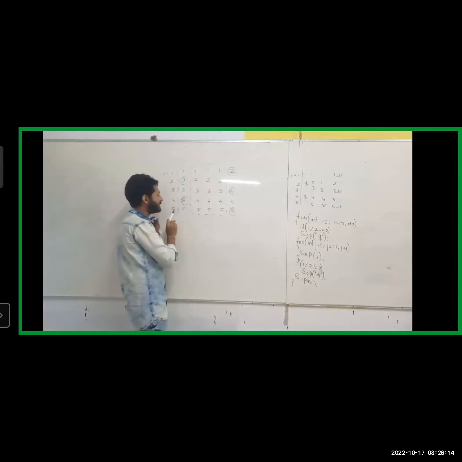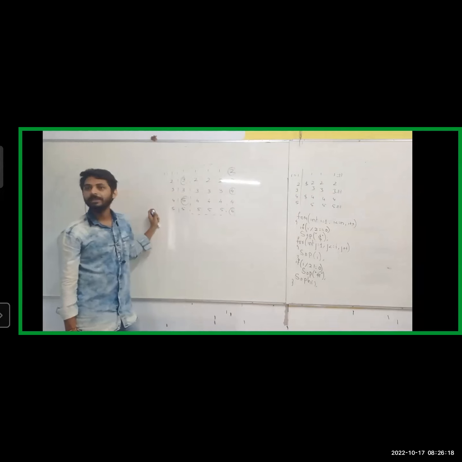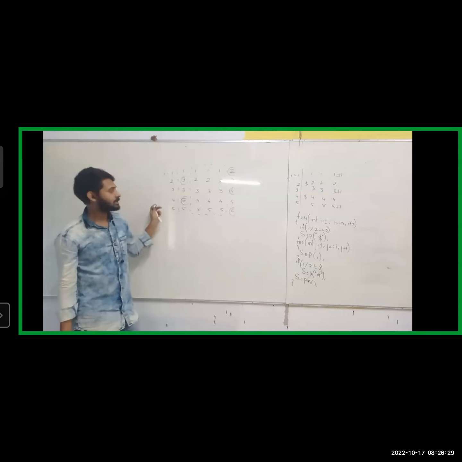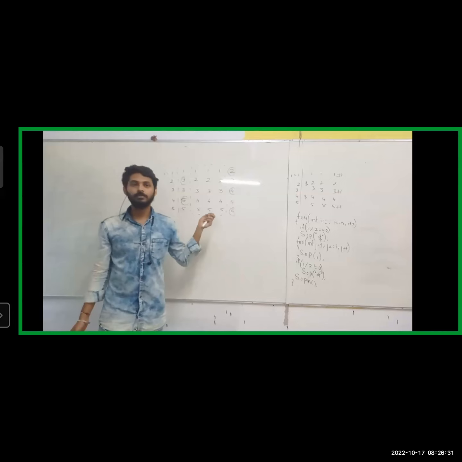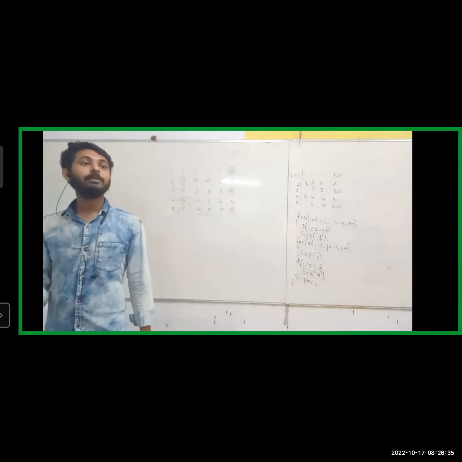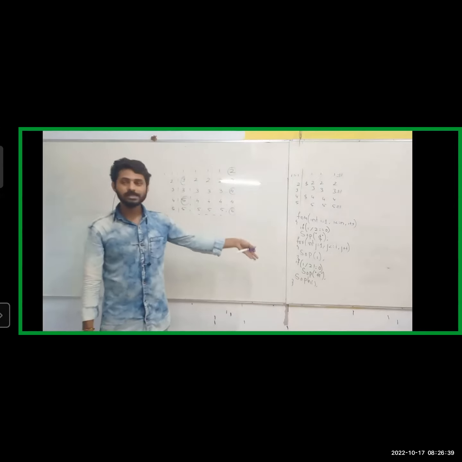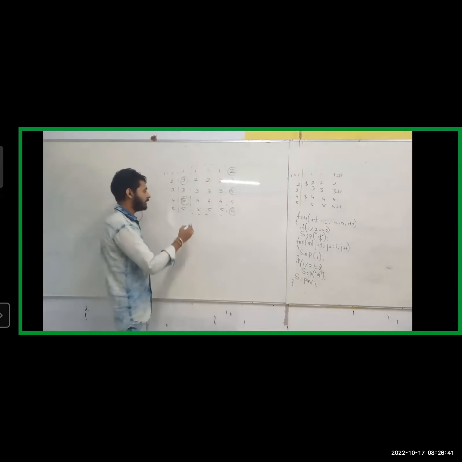If row number is 5, I want to print 6. Means what? If row number is 99, then what should I print? 100. If row number is 101, then I should print 102. It is quite clearly visible that whatever i-th row you are trying to print, in that row you want to print the (i plus 1)th value. Yes, the program is the same. There are small changes that I should make, which I'll do here.